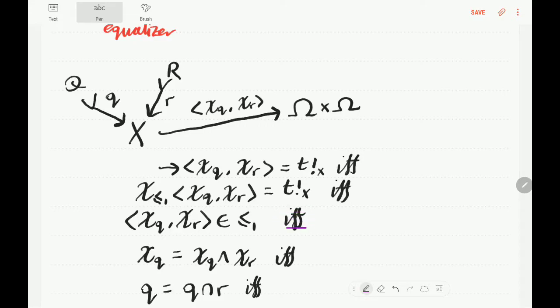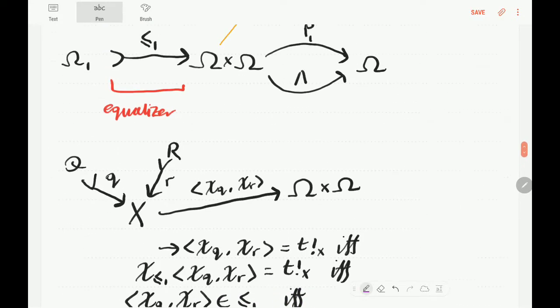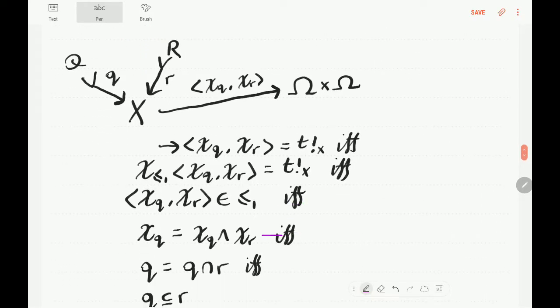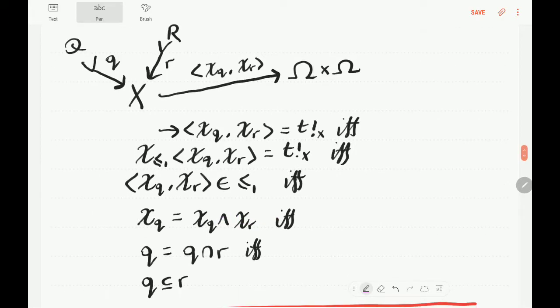And since less than or equal to 1 is the equalizer of this stuff, this happens if and only if doing P1 on this gives the same result as doing AND on this. So it happens if and only if chi q is equal to chi q and chi r. And now these are arrows into omega, so converting into the subobjects that they classify, we see that this happens if and only if q is equal to q intersection r, and this happens if and only if q is contained in r.